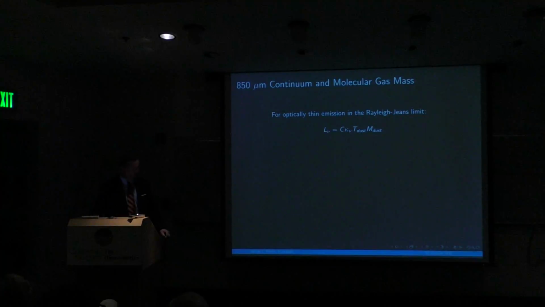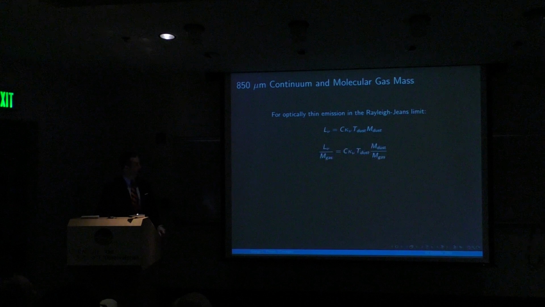So these measurements, the gas masses were obtained by using dust as a tracer of the ISM mass. In the optically thin Rayleigh-Jeans limit, the monochromatic luminosity in the far infrared or the millimeter is just proportional to the dust temperature and the dust mass.